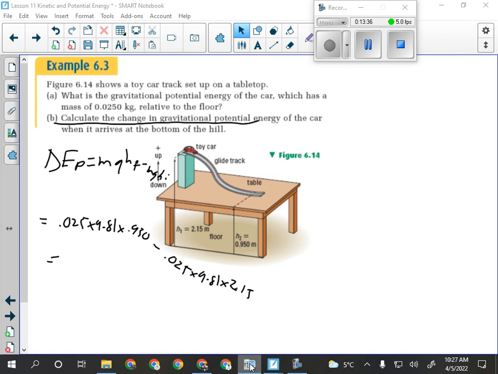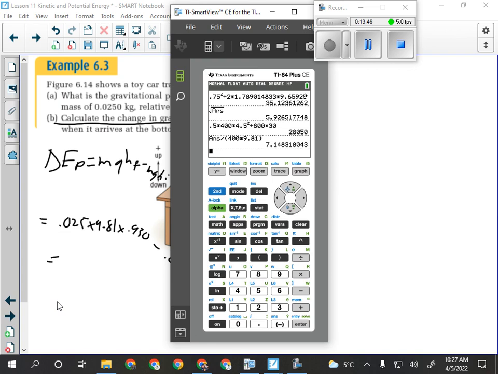What do I get? So I don't have to wait for the calculator. Somebody got it there? Oh, nobody actually did it? Oh, you cleared the calculator. Okay, that's all right.